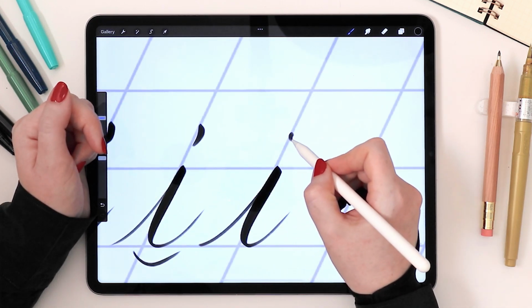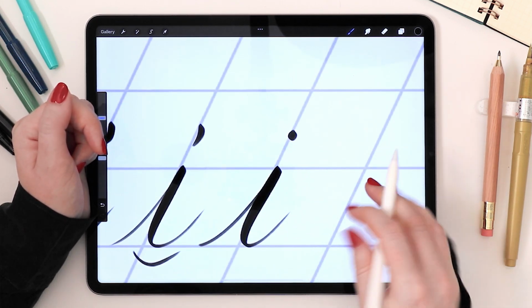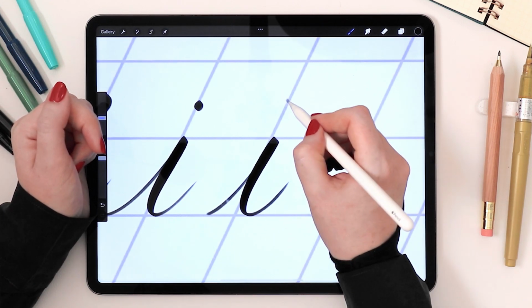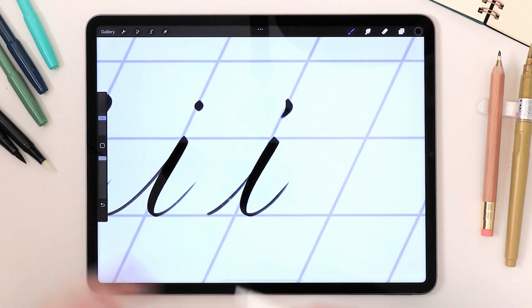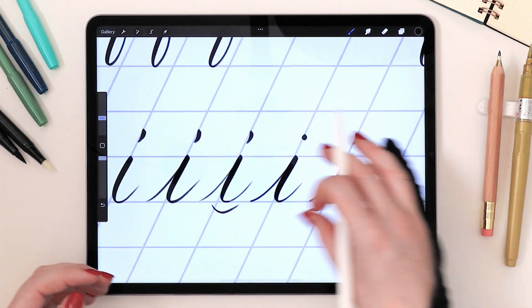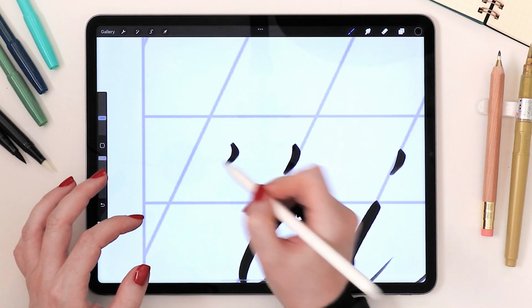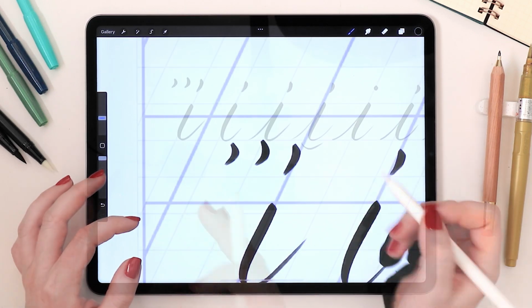Yes, you can make these into round dots. That's a stylistic preference. But for the sake of this alphabet that's brushy and has these sort of flowing strokes, I tend to prefer these little downstrokes, almost like the shape of an apostrophe.